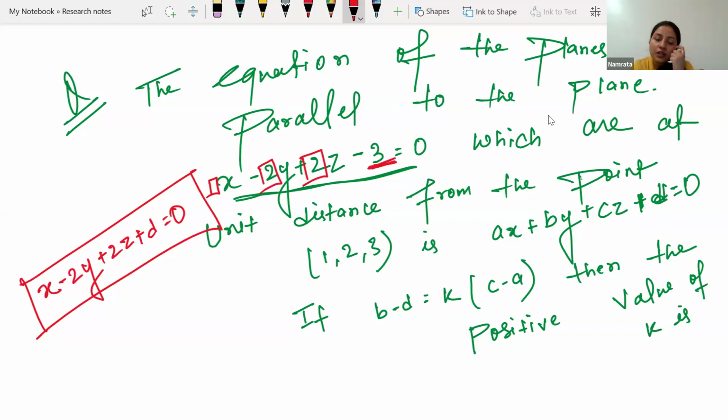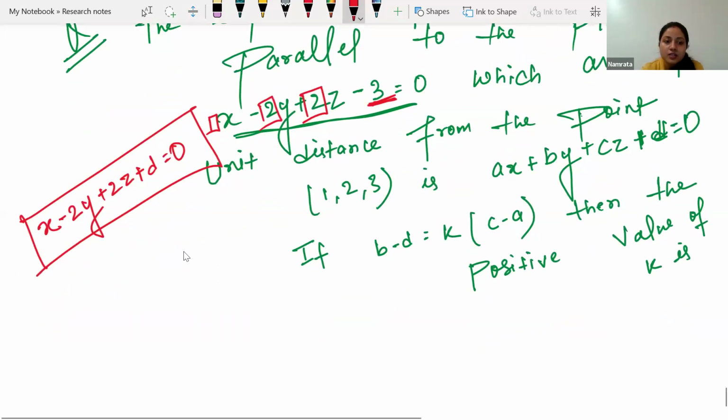Recall that in 2D you have learned the rule that if two lines are parallel, their slope has to be the same. That means there was a condition a1 by a2, b1 by b2, c1 by c2 and so on. Similarly, here also we can use the same condition. The coefficients a1, a2, b1, b2, c1, c2 will be the same, d will be different.